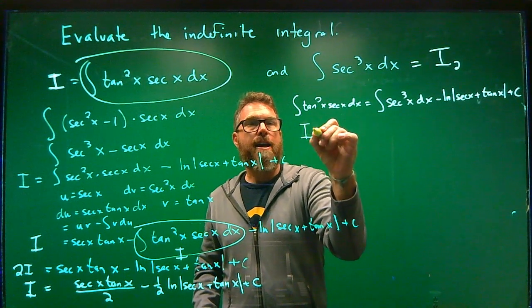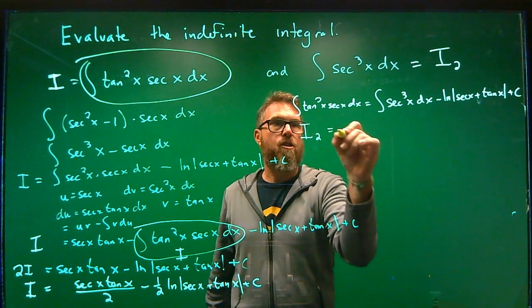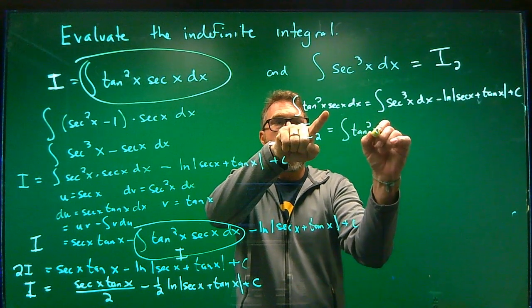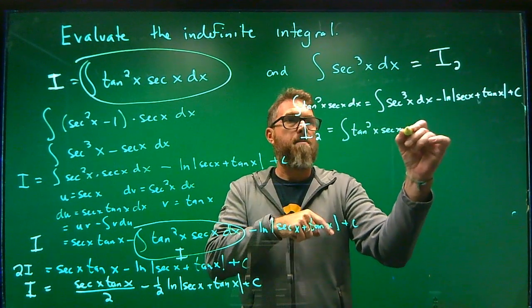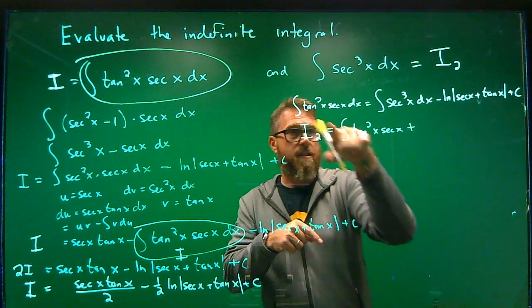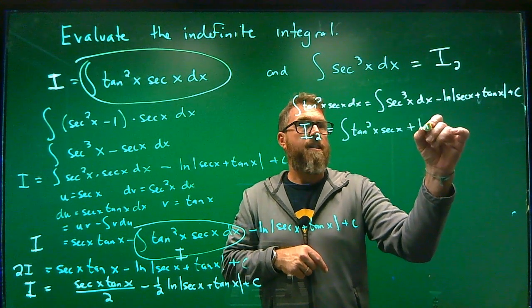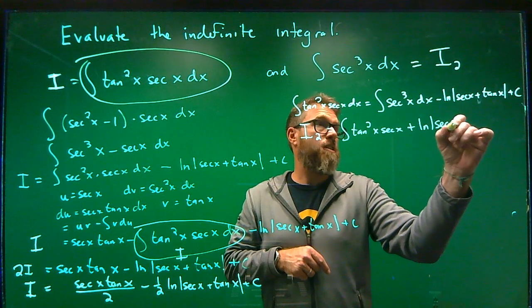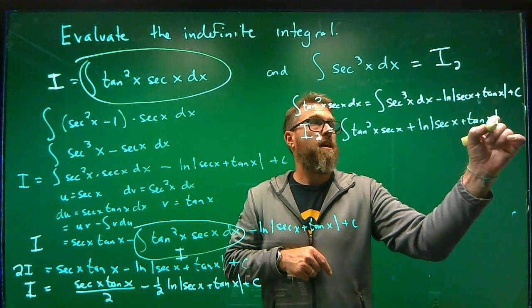So I2, which is the integral of that secant cubed, is going to be equal to the integral of the tangent squared of x secant of x, not minus but plus, because I have to send it over, the natural log of the absolute value of the secant of x plus tangent of x plus c.